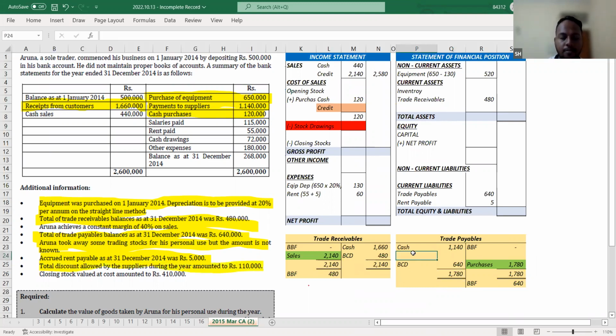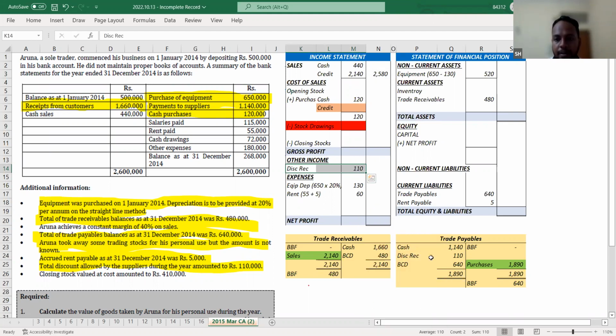So discount allowed by suppliers means it's a discount received. How much? 110. Discount received is 110. It's other income.